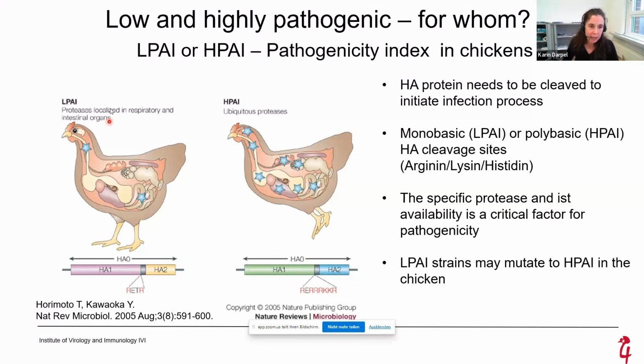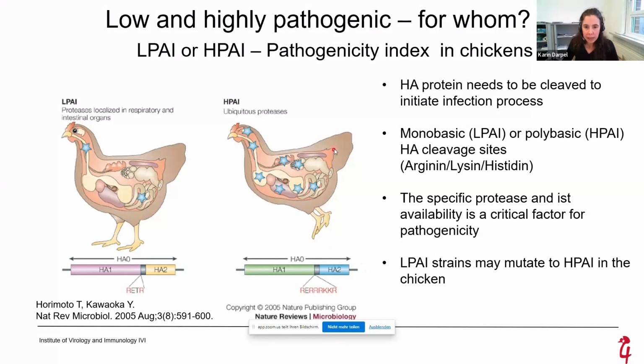So in low pathogenic avian influenza, these proteases really occur only in the respiratory and intestinal organs, and therefore only here are low pathogenic avian influenza viruses capable of initiating infection and causing disease.